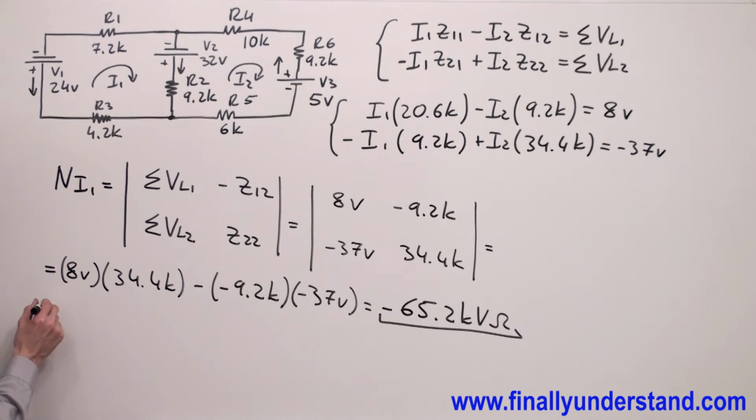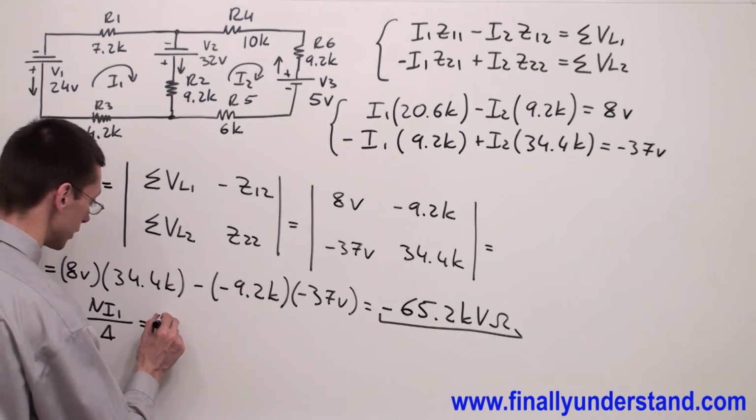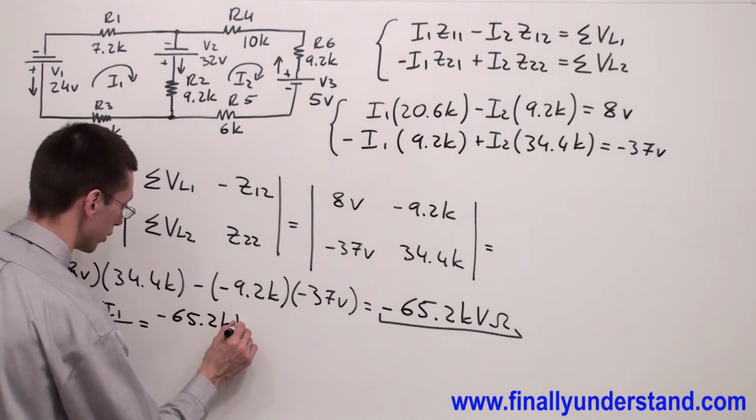Next, I'm supposed to find I1. I1 is equal NI1 over delta. NI1 we calculate is negative 65.2 kilovolt ohm.